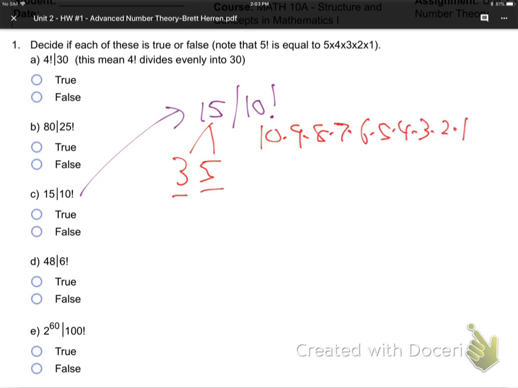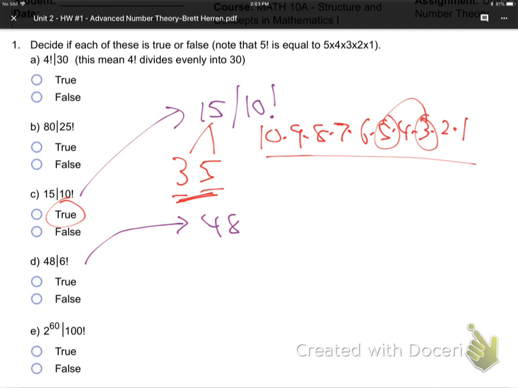Can you find a 3 and a 5? Well, yeah, there's a 3, there's a 5, and there's lots of other stuff too. Yeah, so this number on the right is a bunch of things multiplied by 3 and 5. So 3 and 5 has to go in there perfectly, evenly. Yes, it's true. How about D?